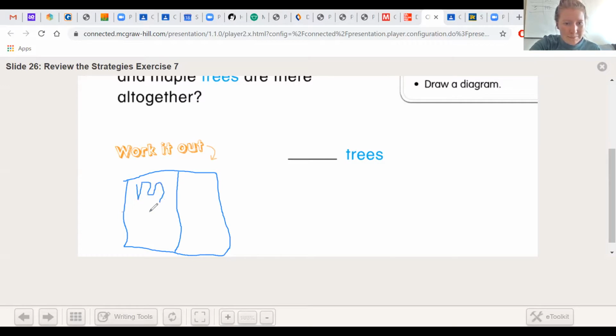Here's my M. And I'm going to do an O for oak. Oh, and there are redwood too. I didn't see the redwood. Add to my table. And I'll do an R for redwood.